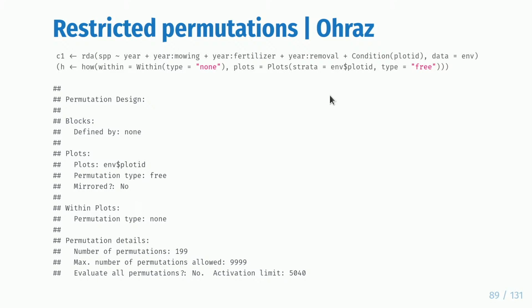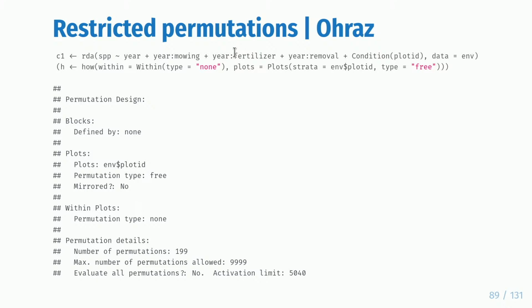So when we look at the design here, there are no blocks. The plots were defined by the plot ID. There's no mirroring and things like that. We only ask for 199 permutations. I think that's the default.